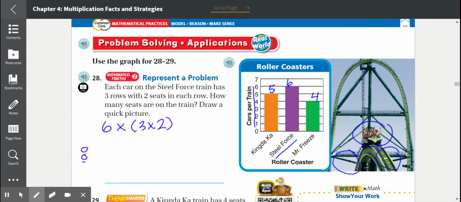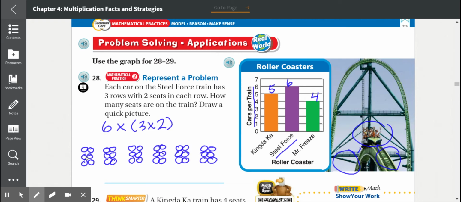So that might look something like this. 1, 2, 3. Right? That's showing 3 times 2. 1, 2, 3, 2. And it wants that 6 times. That's 2, 3, 4, 5, 6.